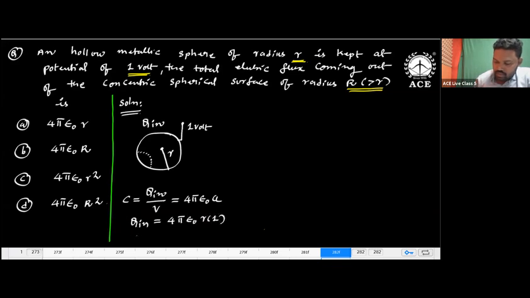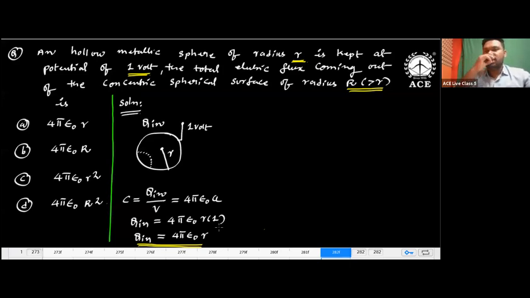Charge induced is 4 pi epsilon naught into r. This is the charge induced on the sphere.